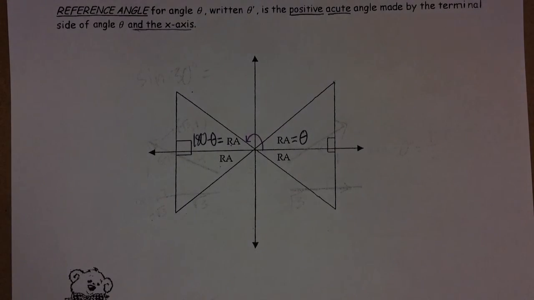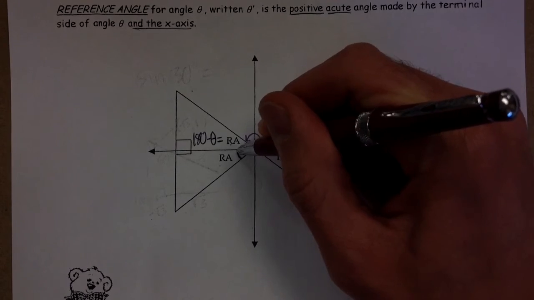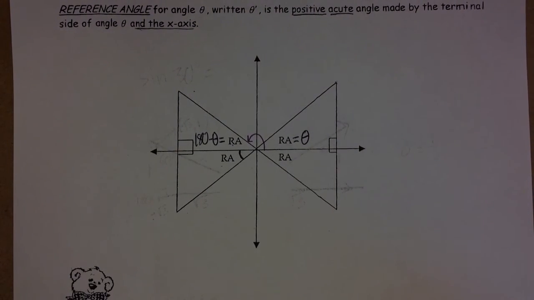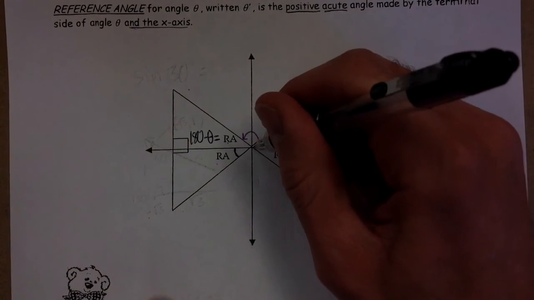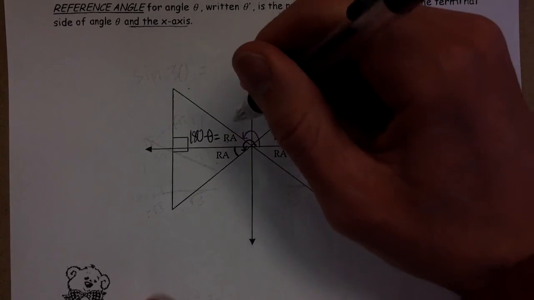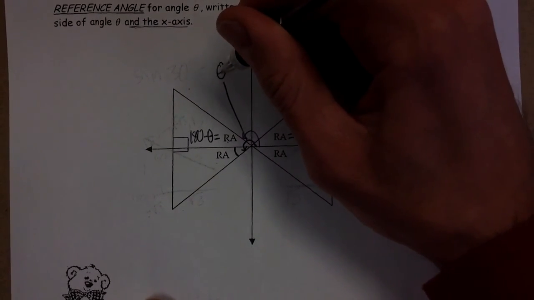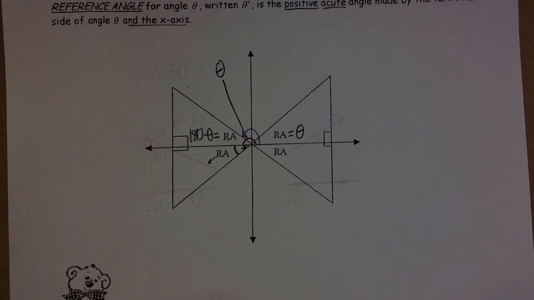You're trying to find the acute angle in here. And the angle that you're given, the one that's in standard position, is this full swing. That's theta. So what do you think the reference angle is? It's not just theta. One third of theta? No.